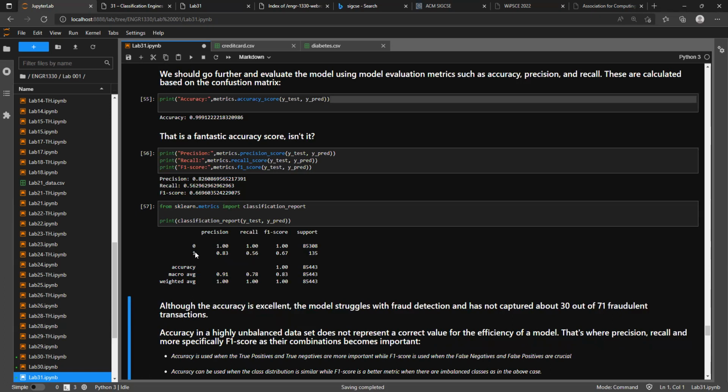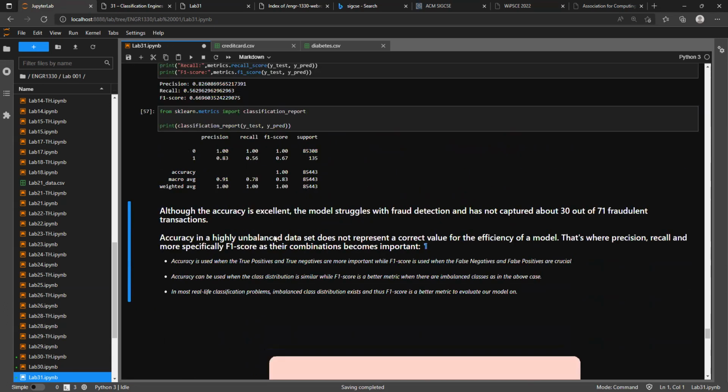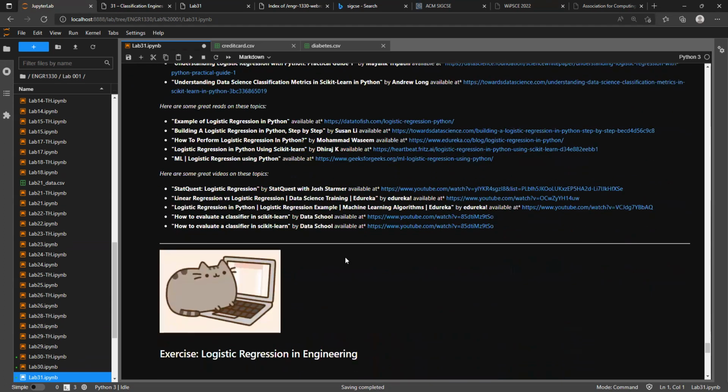This is how the justice system's supposed to work: it's better to miss a guilty than it is to charge an innocent. So that's pretty good. Its accuracy is pretty nice, but we did miss 30 out of 71 fraudulent transactions. So it could be better.